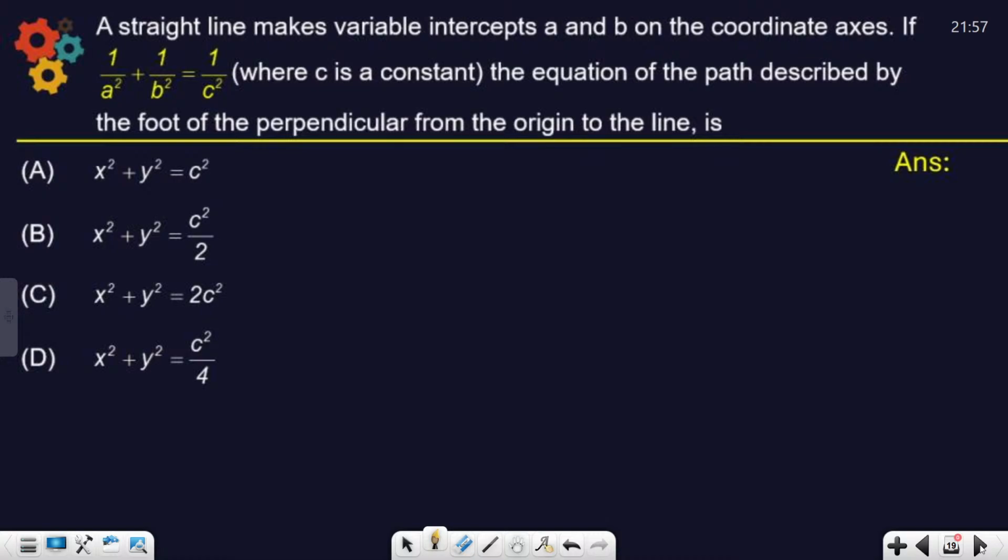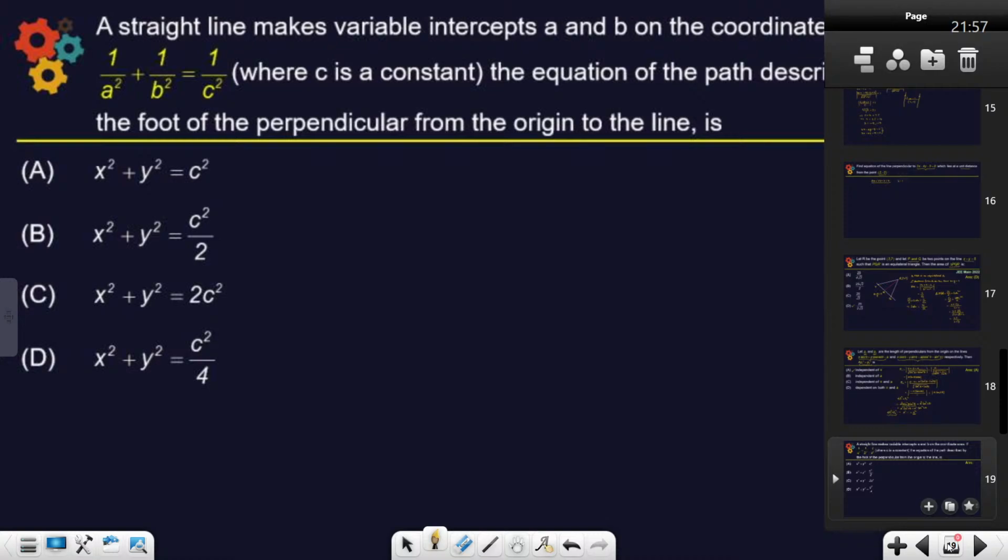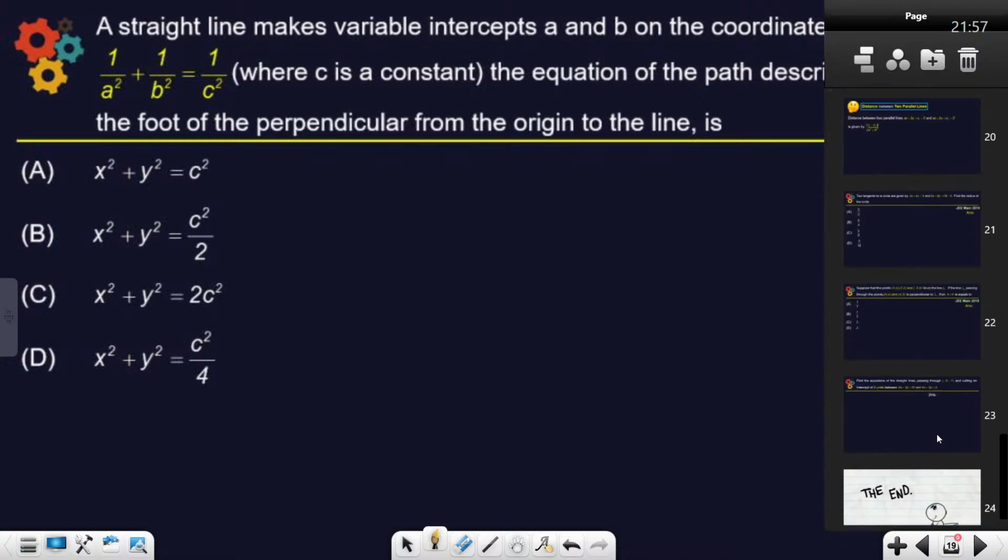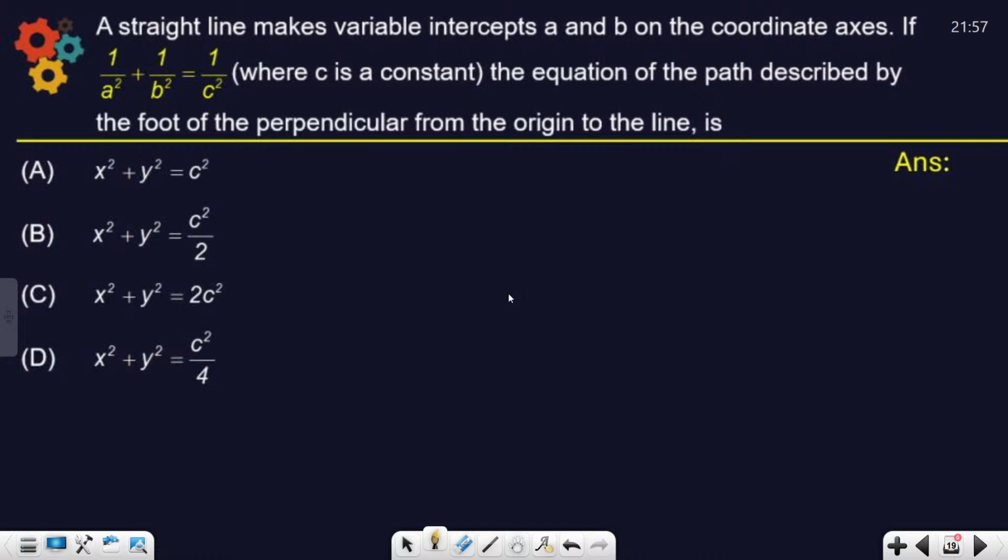Now, see this question. What is the question we are having? A straight line makes variable intercepts A and B on the coordinate axis. And this condition is given to us. C is a constant.